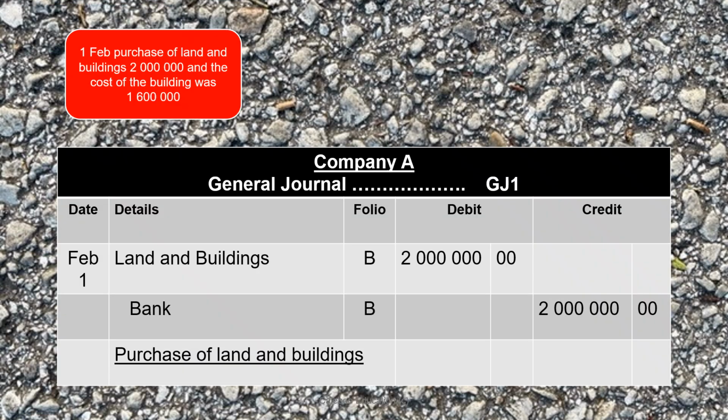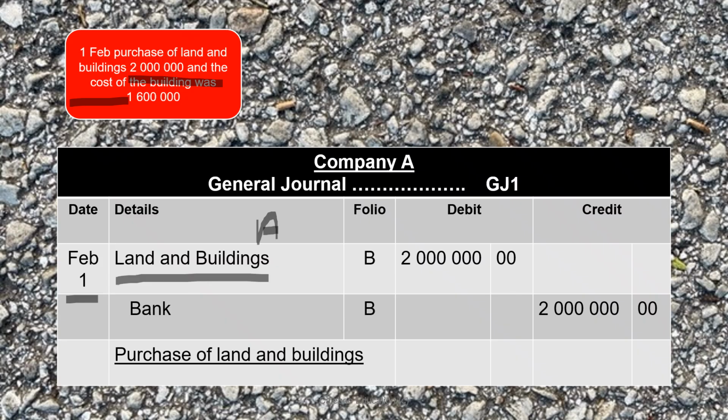The first thing you need to do, they said, is record the transactions at the 31st of December of the first year, and this transaction happened during the year on the 1st of February. 2 million was paid for land and buildings. Land and buildings is a non-current asset.